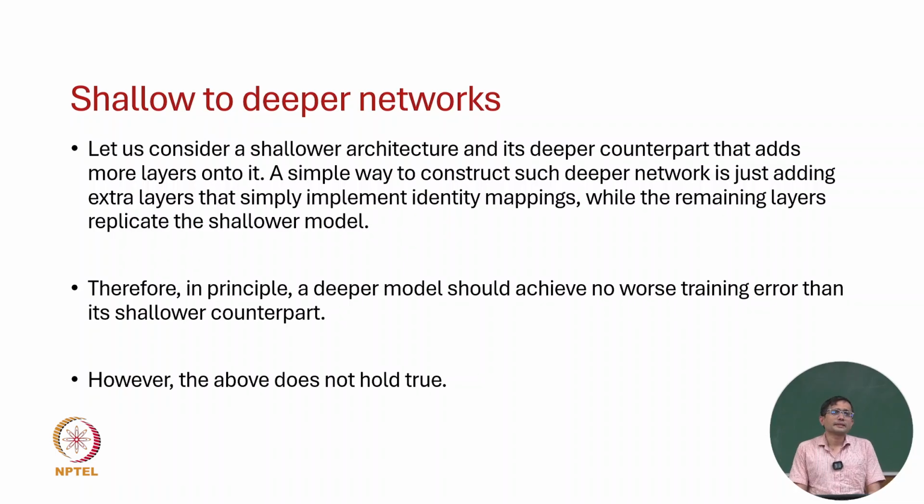So what would happen in principle? Such a deeper model should achieve no worse training error than its shallower counterpart. However, does it hold true? If we train a deeper model, does it always perform better, or at least as well as its shallower version?